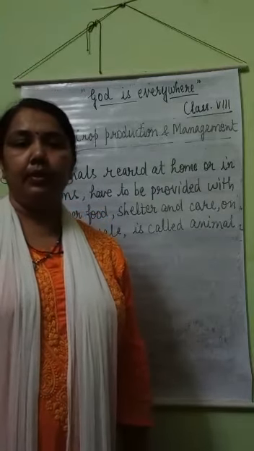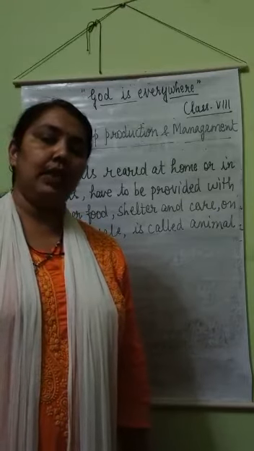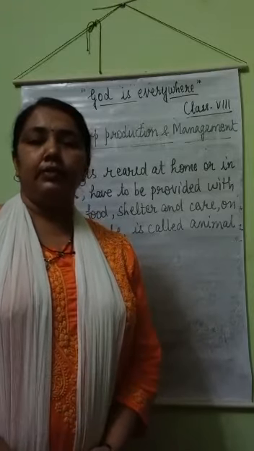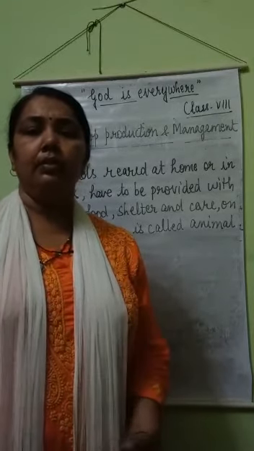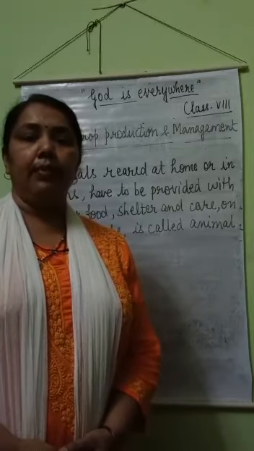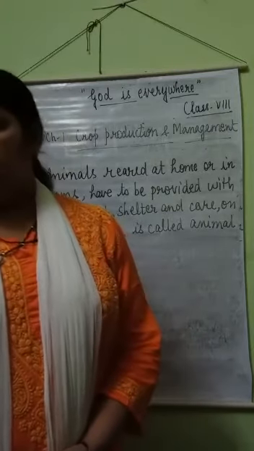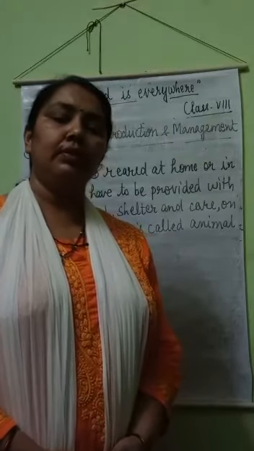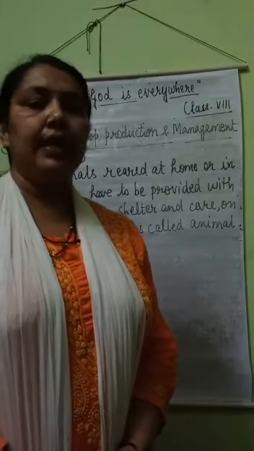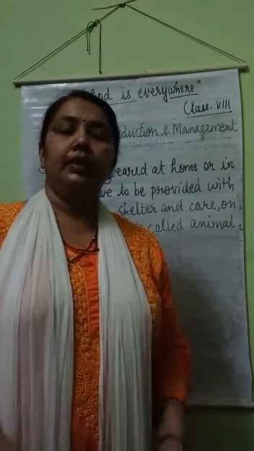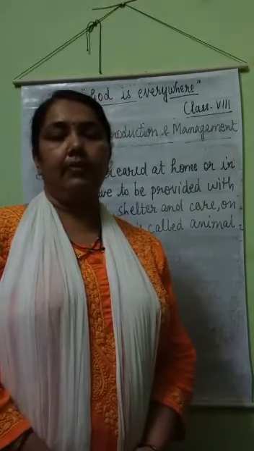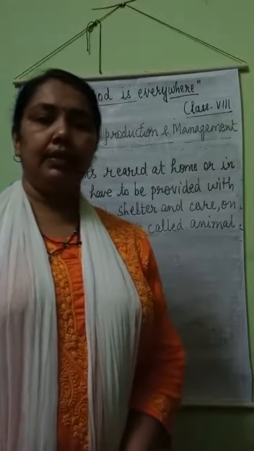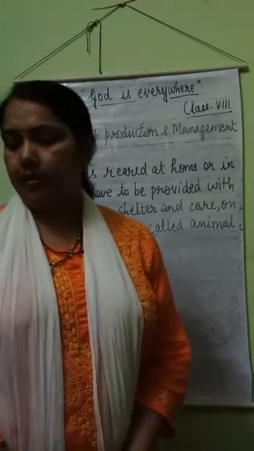Rearing animals on a large scale for food, with proper food, shelter and care, is known as animal husbandry, because many food items we get from animals, like milk from buffaloes, cows, goats, and in coastal areas people depend on fish for their diet.